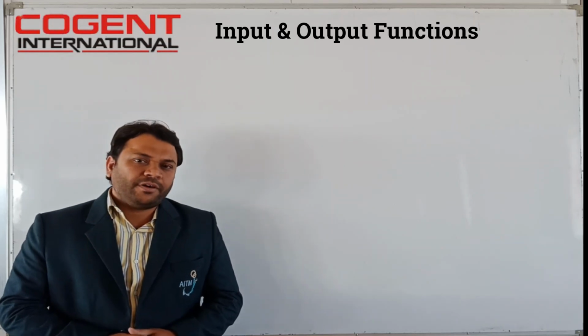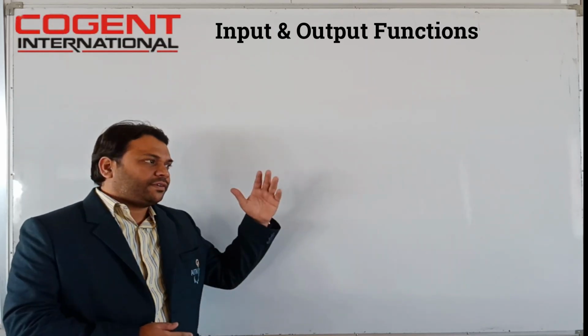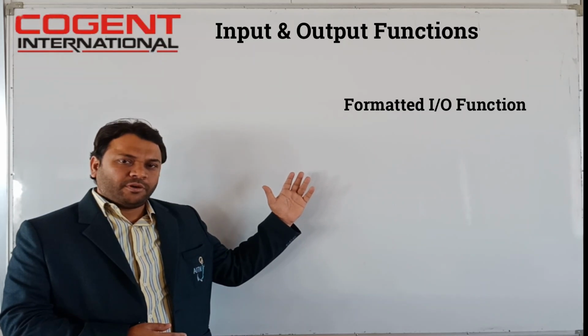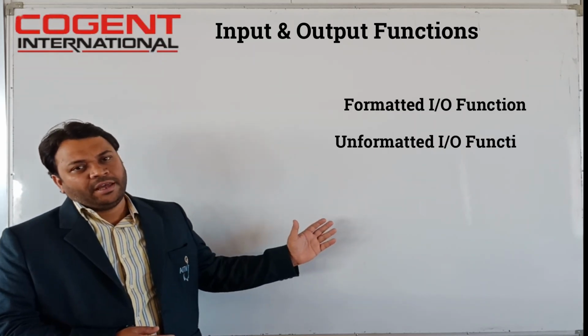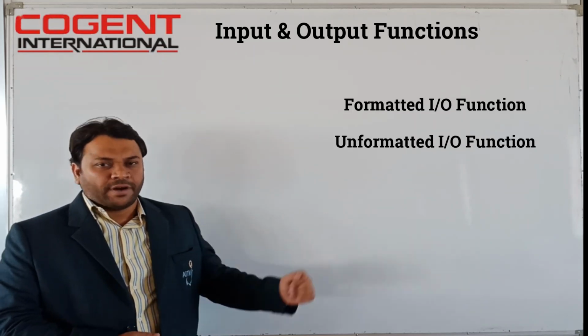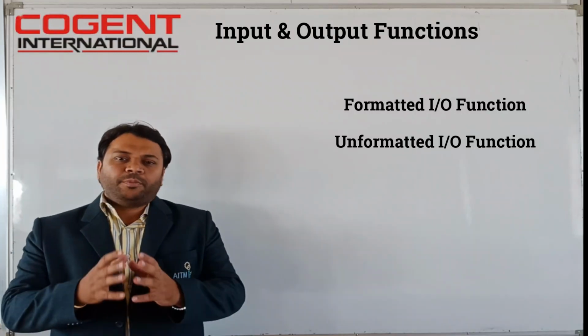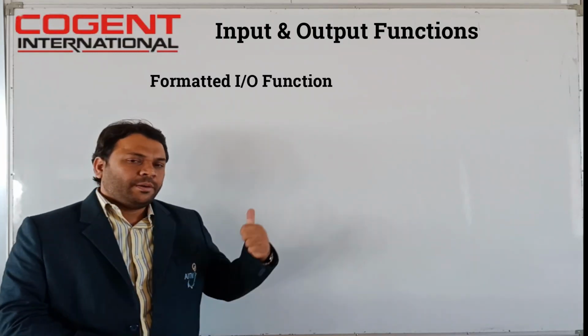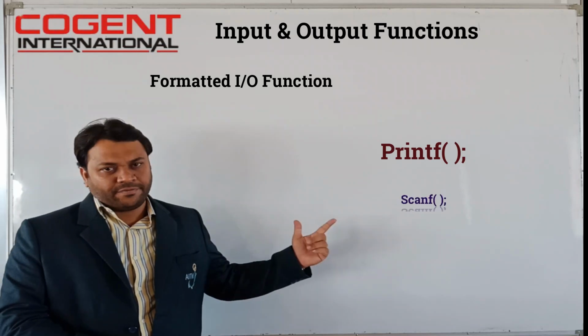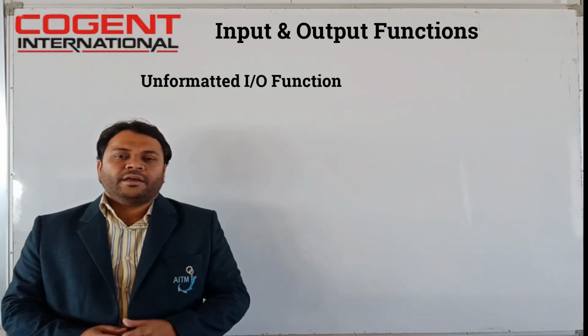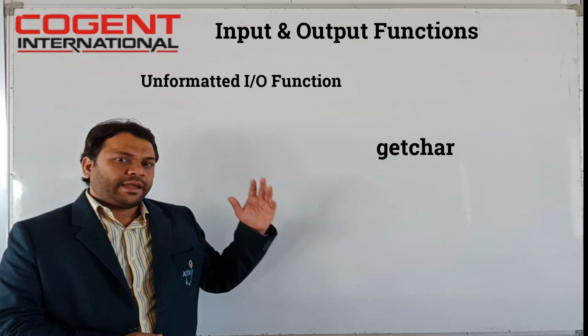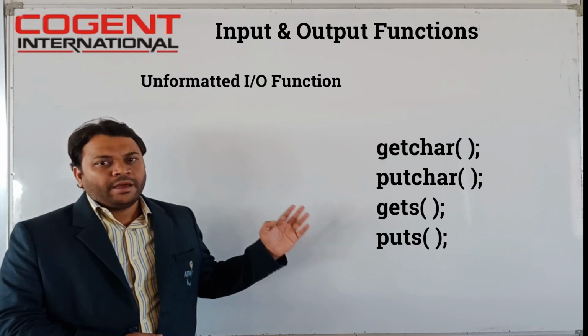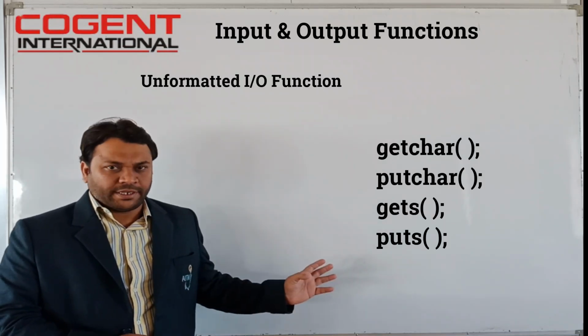The different types of input output functions are: the first one is the formatted input output function, and the second one is the unformatted input output function. The formatted input output functions are printf and scanf, and the unformatted input output functions are getchar, putchar, gets and puts here.